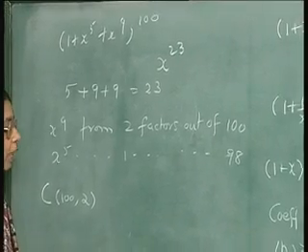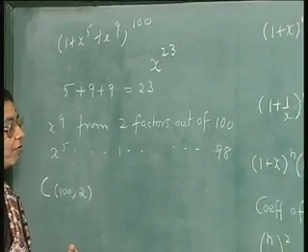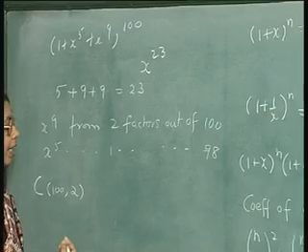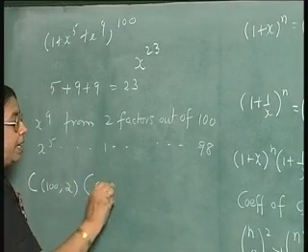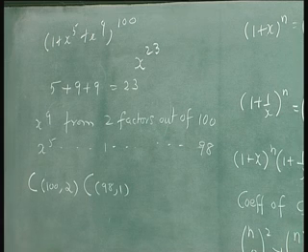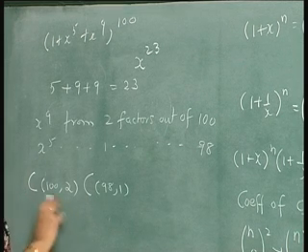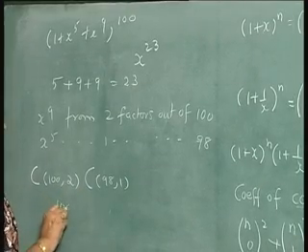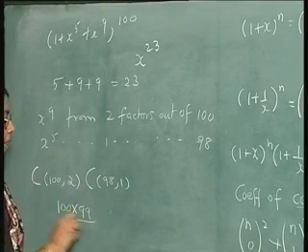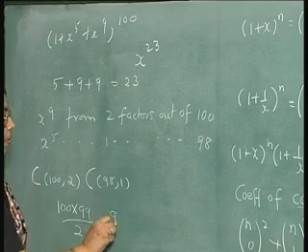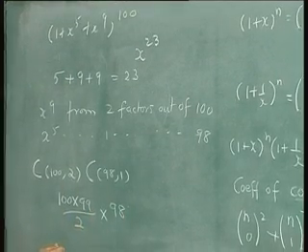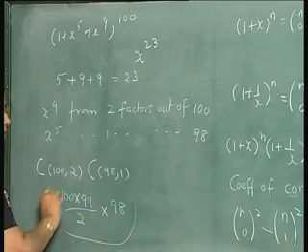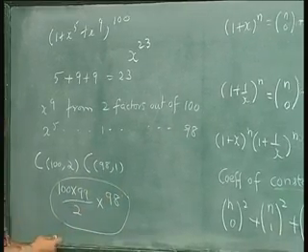That can be done in C(98, 1). From the rest of the factors you have to select only one. So, this will give you the answer 100 into 99 by 2 into 98. You can simplify, multiply and get the answer for the expression. This is the coefficient of x power 23 in this expression.